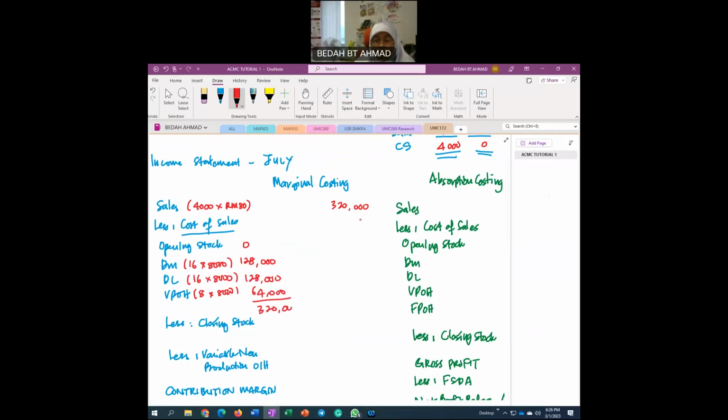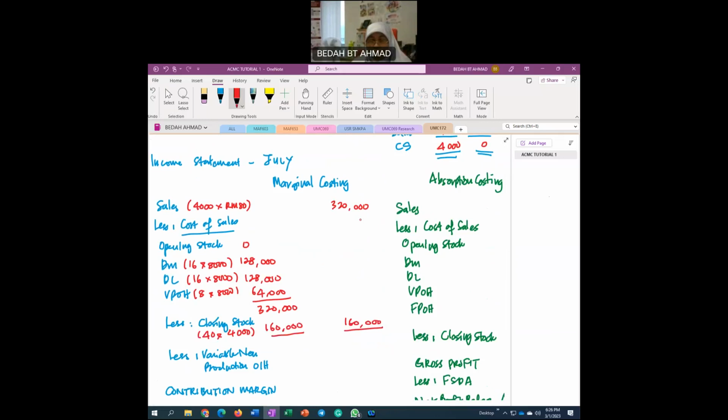Altogether it is 320,000. Then we have the closing stock: the 40 cost per unit multiplied by the closing stock of 4,000, which is 160,000. So we bring it here: the 320,000 less the closing stock of 160,000 is 160,000.